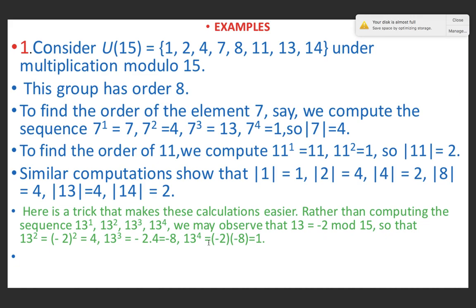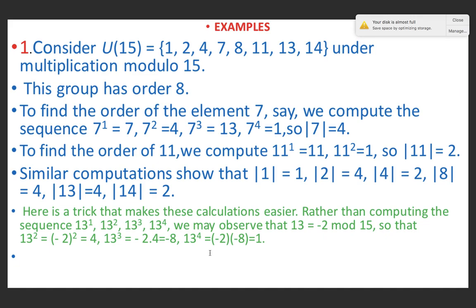You can also calculate by applying this procedure. Calculate 13 squared, which will be 169, divided by 15. You will get the remainder. Similarly, you can calculate 13 cubed divided by 15. You will get the remainder. Calculate 13 raised to 4, then divide by 15.